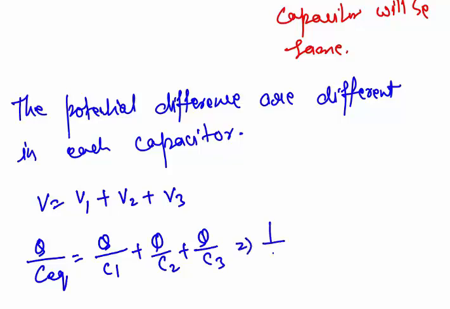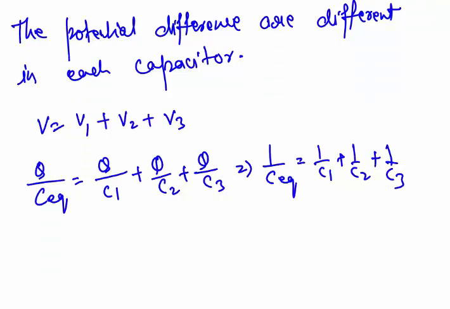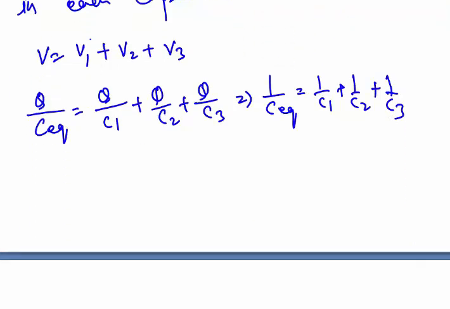It implies 1 by C equivalent is equal to 1 by C1 plus 1 by C2 plus 1 by C3. Now in general, for a series combination, 1 by C equivalent is equal to the summation of 1 by Ci, i equal to 1 to n.